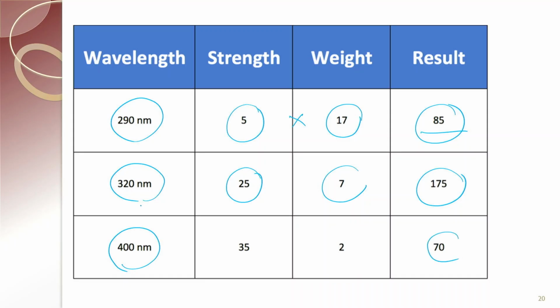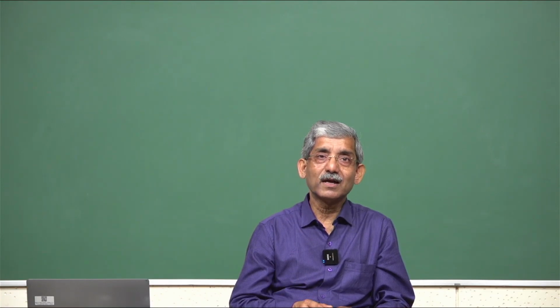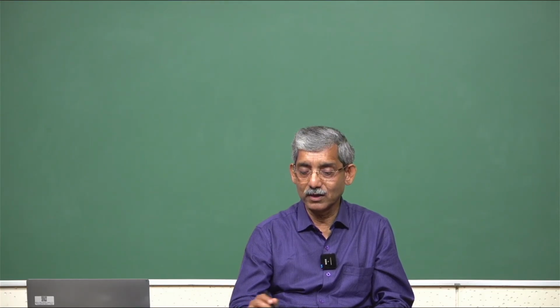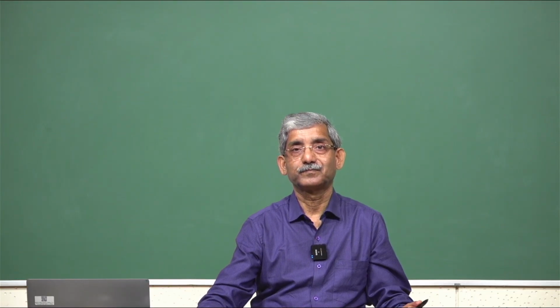You can see that at the 320 nanometer range the impact is maximum, 175. The major impact will be at the mid range of the wavelengths, because their strength is intermediate and weightage is also intermediate, and if you multiply, it will give more impact.